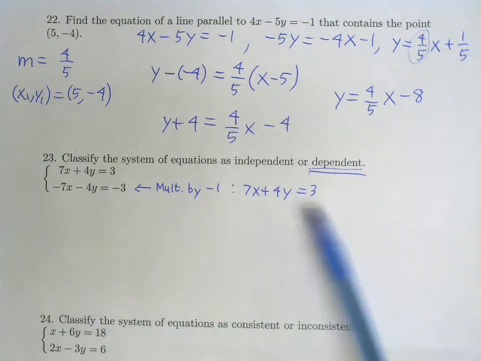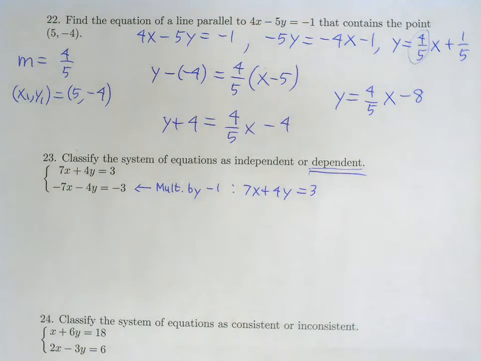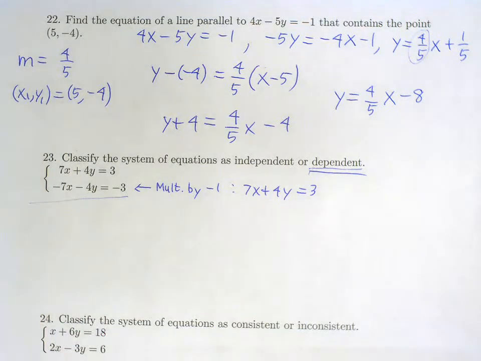Another way to determine that a system is dependent is if, when using the elimination method, both of the variables are eliminated instead of just one, and the resulting equation involving numbers is true, then you know that it's dependent.